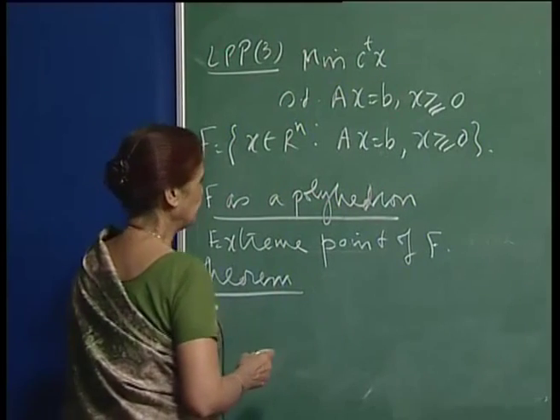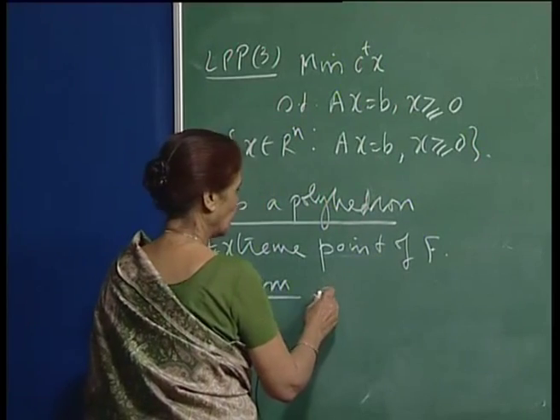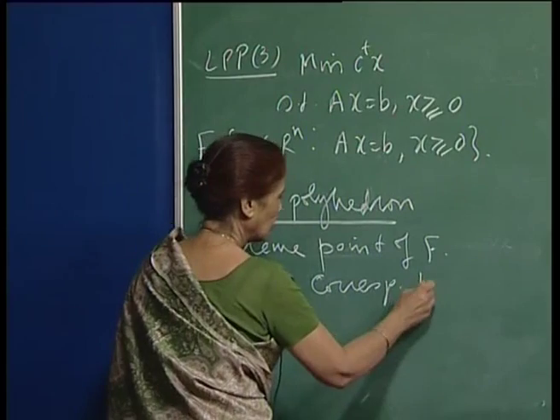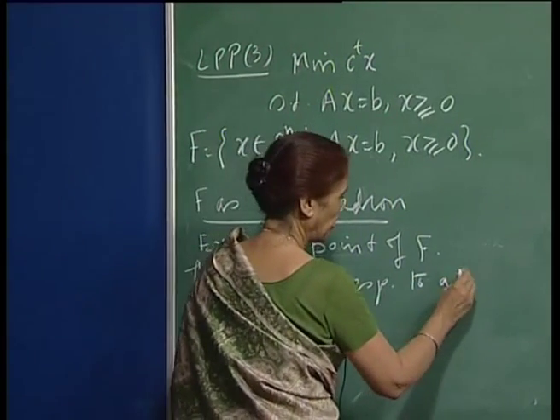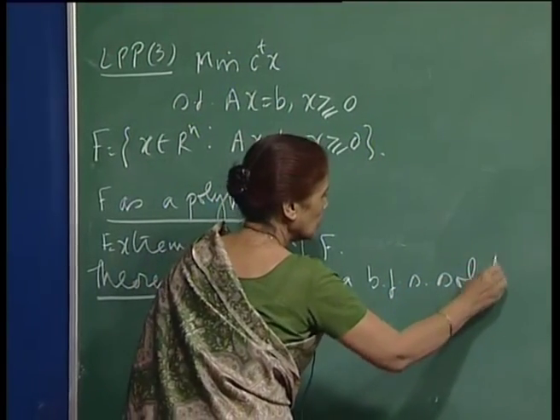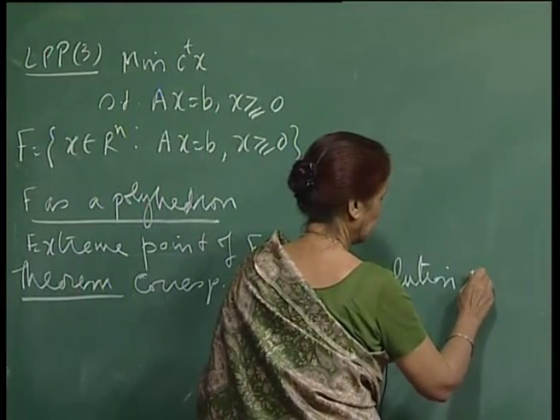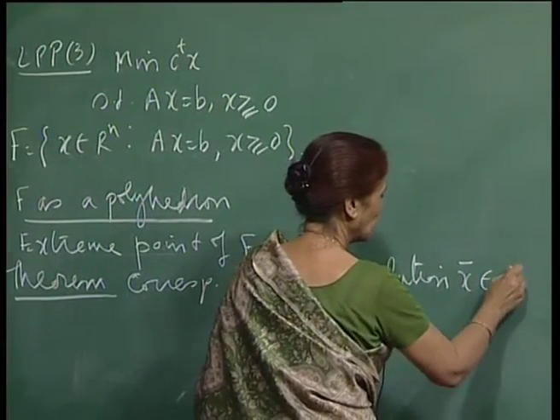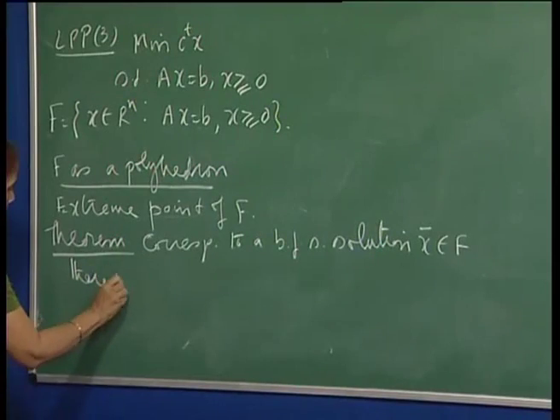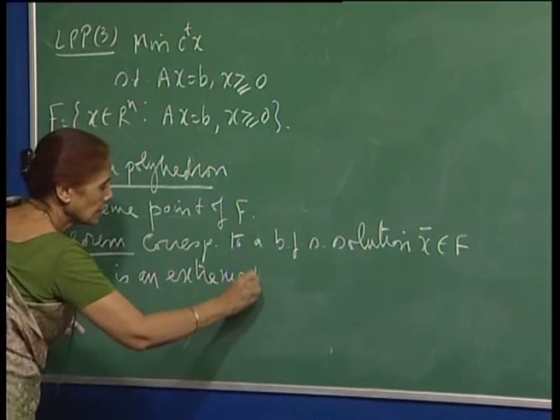So, the theorem is that corresponding to a basic feasible solution x bar belonging to F, there is an extreme point.